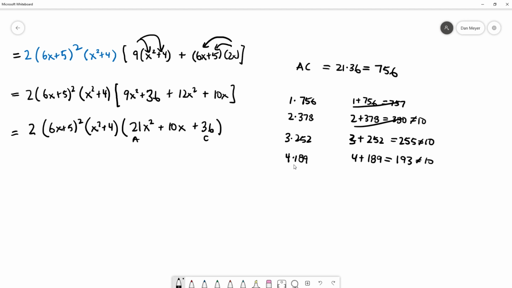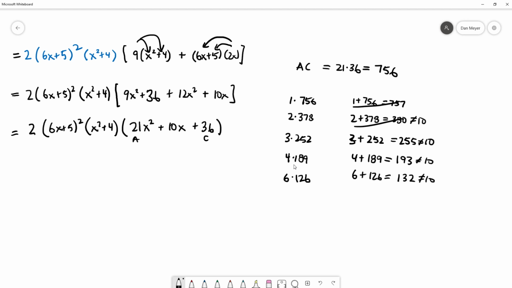So we got to keep going. 756 is also divisible by 6. When you take 756 divided by 6, you get 126. Six plus 126 gives you 132, which is not 10.